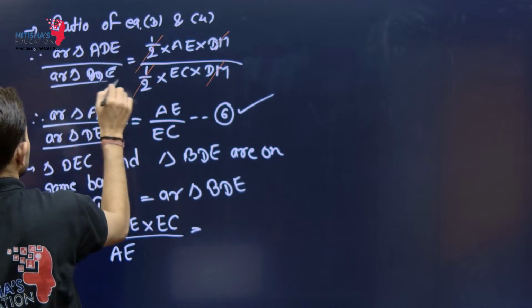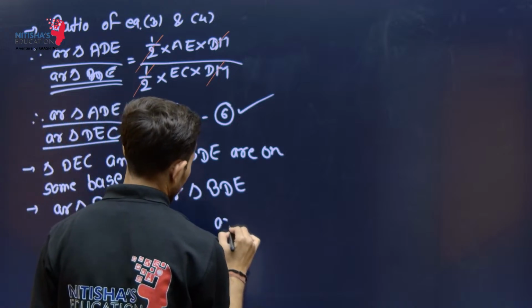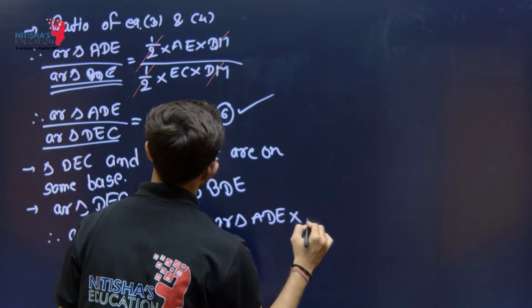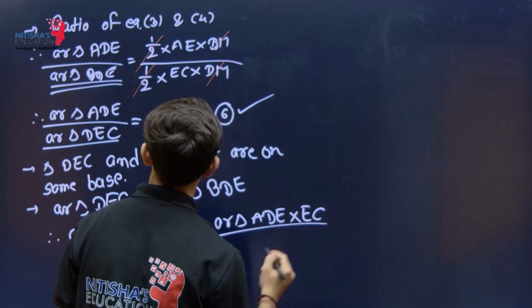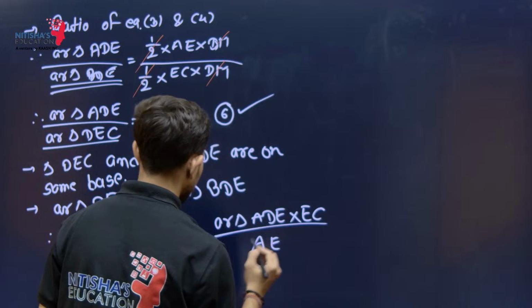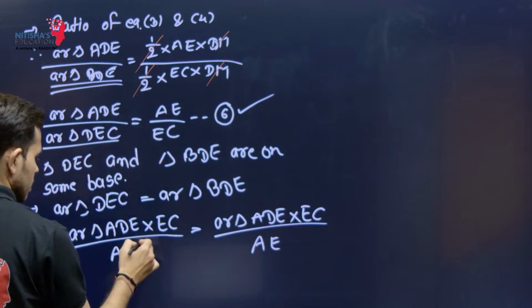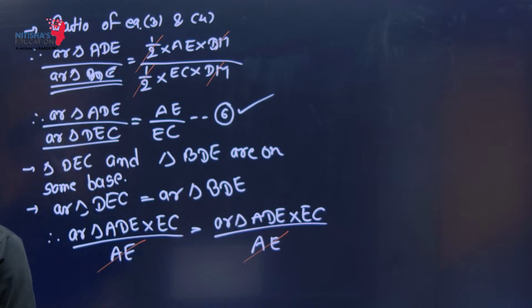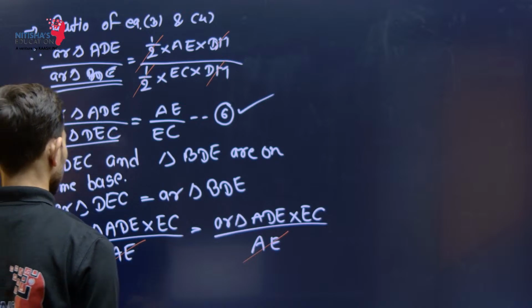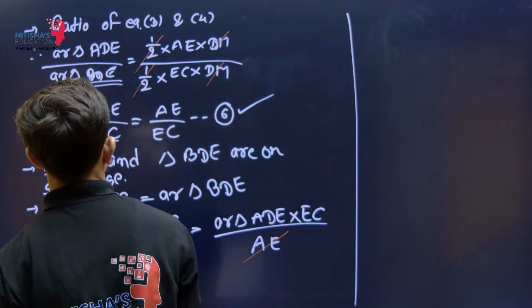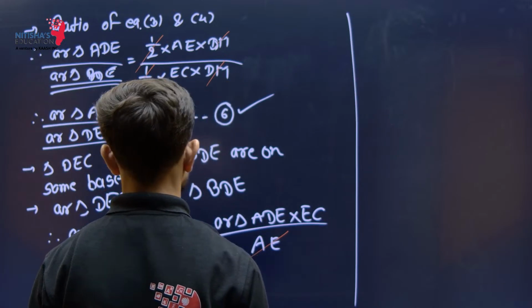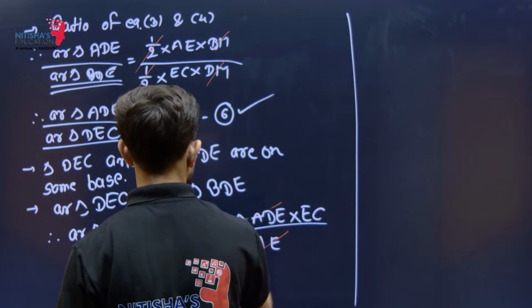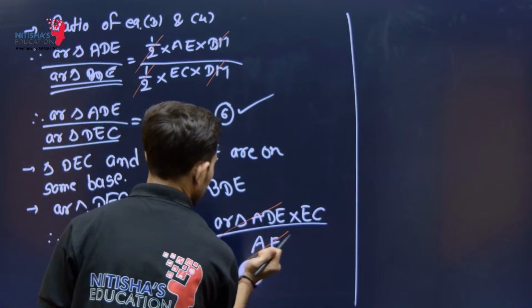Make this the subject, then it will become area of triangle ADE into EC divided by AE, right? Now this AE will be cancelled out, right? Okay, so here what we can write, ADE will be cancelled out. There is no AE.